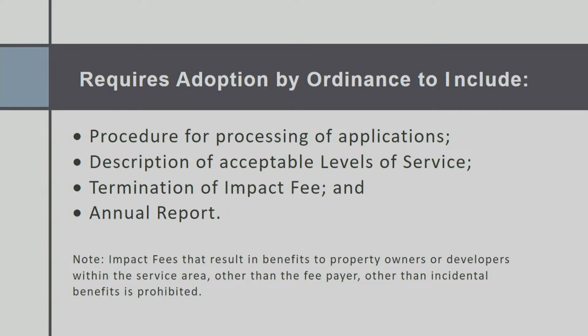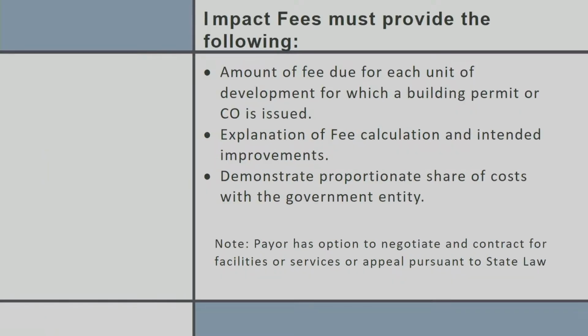One note to look at is that impact fees that result in benefits to property owners or developers within the service area other than the fee payer, and other than incidental benefits, are prohibited. So this is not a developer pay for all of the improvements that may be outlined in the CIP. It's a shared cost.